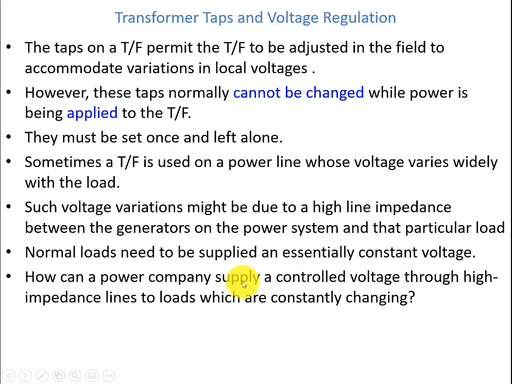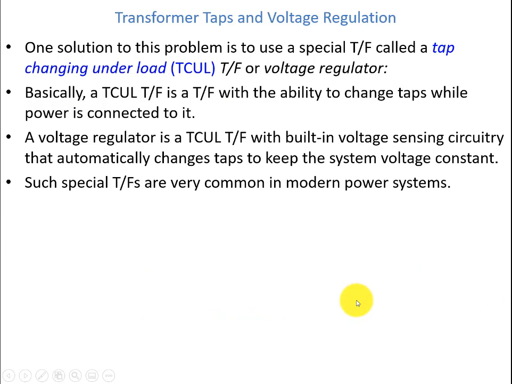So how can a power company supply a controlled voltage through high impedance lines to loads which are constantly changing? One solution to this problem is to use a special transformer called a tap changing under load transformer, or voltage regulator. Basically, a tap changing under load transformer is a transformer with the ability to change taps while power is connected to it.